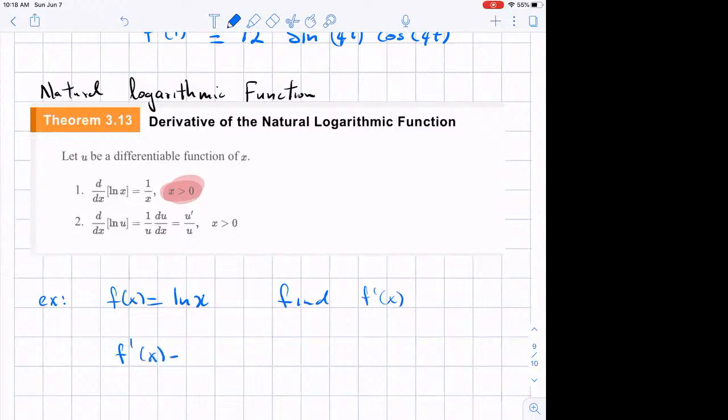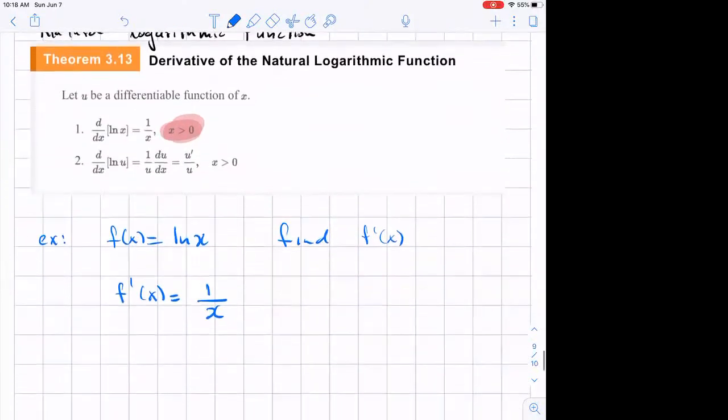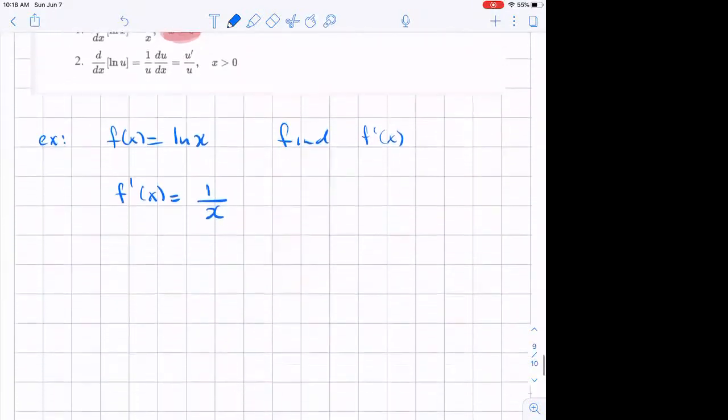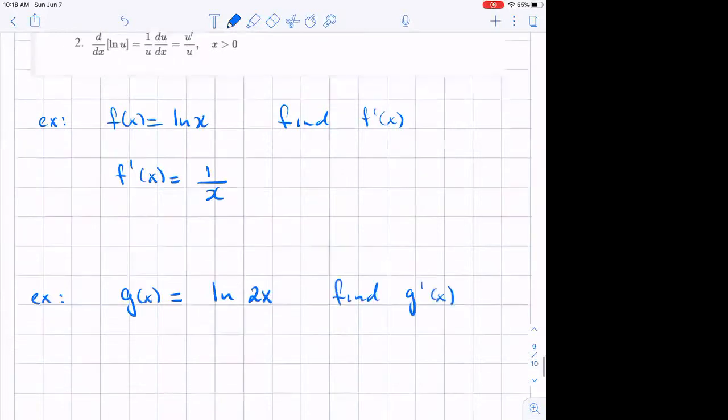F prime of x is just 1 over x. Okay. Now, in this example, if I tell you g of x is equal to, let's say, ln of 2x, find g prime of x.